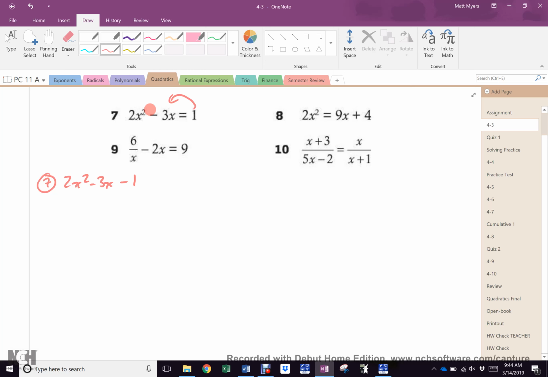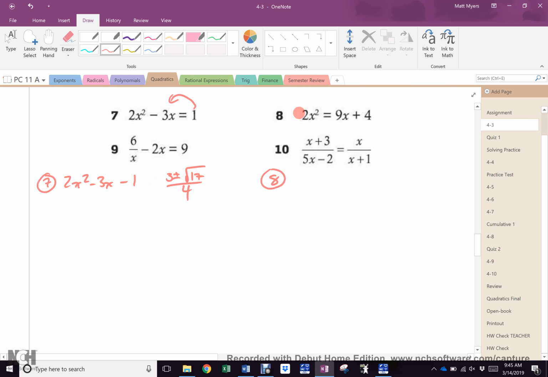A great many of you forgot that on a great many questions. That's what I was just talking to Riley about. That's something you should already know. Then, of course, there's your ABC. And the answer is 3 plus or minus root 17 over 4.